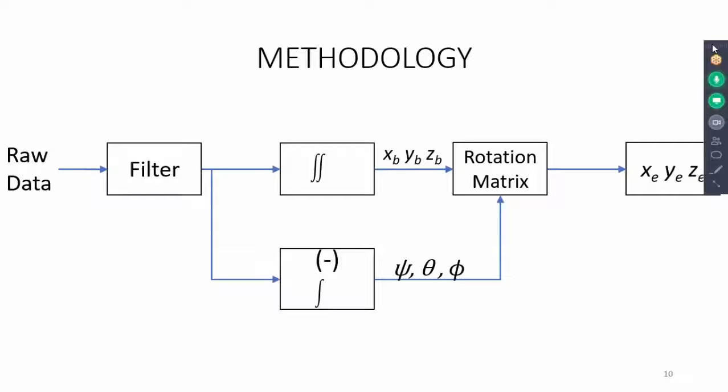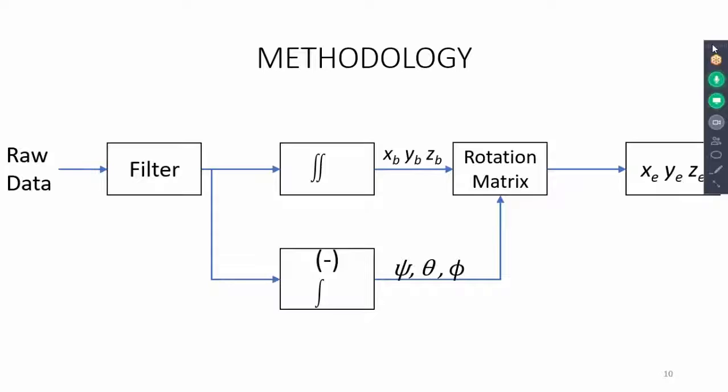The graph describes the flow chart of position calculations or trajectory reconstruction of the objects from the inertial data. First, the raw data from the accelerometers was resampled and filtered to reduce the impacted noise.